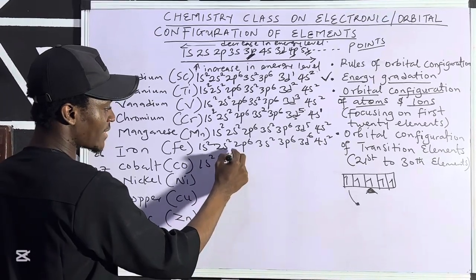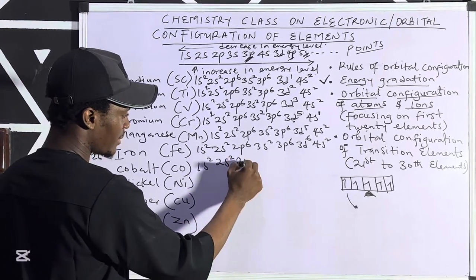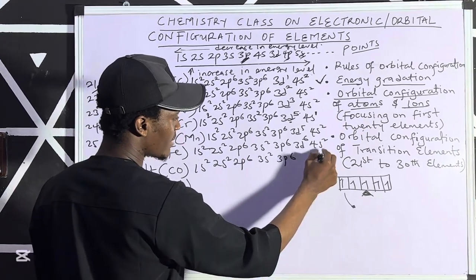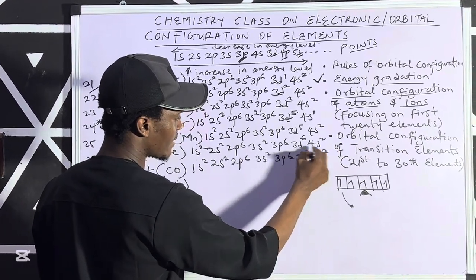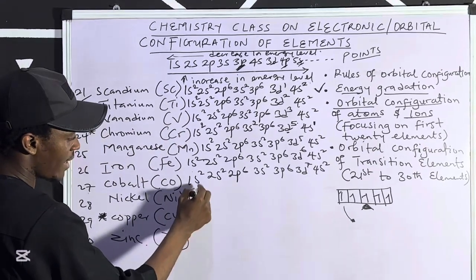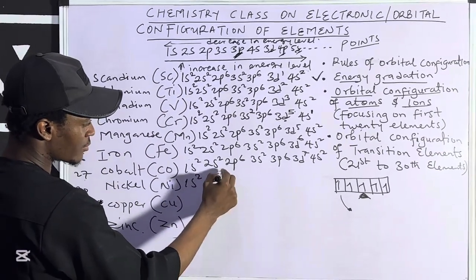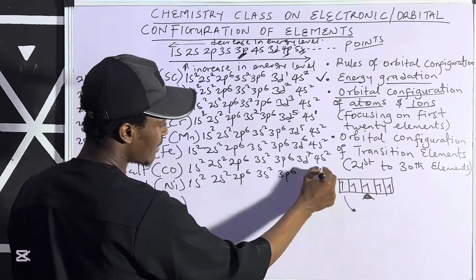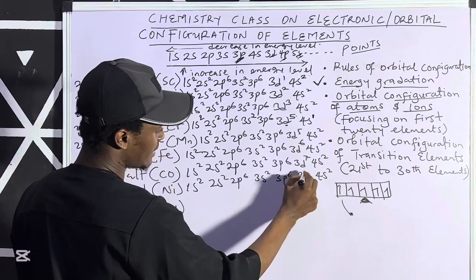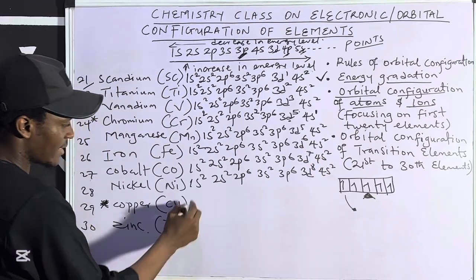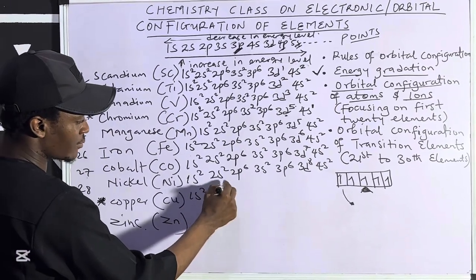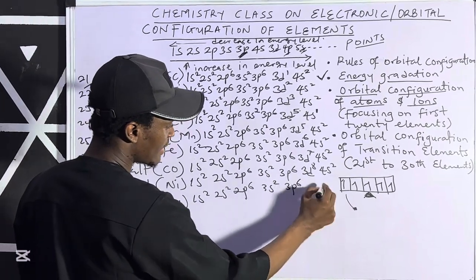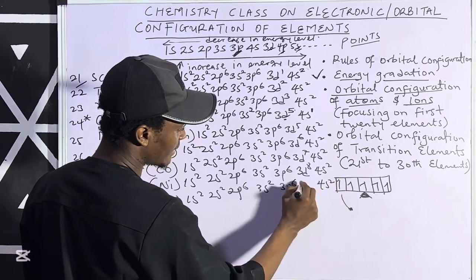Then 1s2, 2s2, 2p6, 3s2, 3p6, 4s2 and 3d7. Then the next is 1s2, 2s2, 2p6, 3s2, 3p6, 4s2 and 3d8. Then the next, 1s2, 2s2, 2p6, 3s2, 3p6, then 4s2, then 3d9.